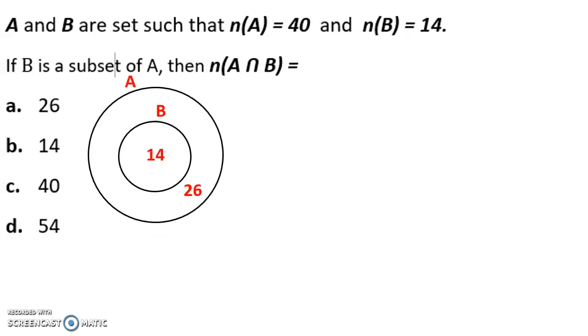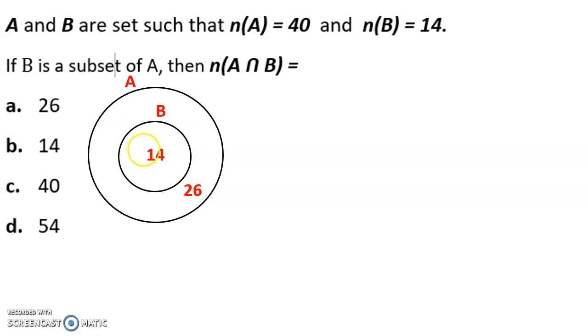Sets A and B. All right, let's look at the diagram. Just sketch a diagram that will give you a better view of what the question is saying. So everything in A is 40 and B is inside of A. It's a subset of A, right?